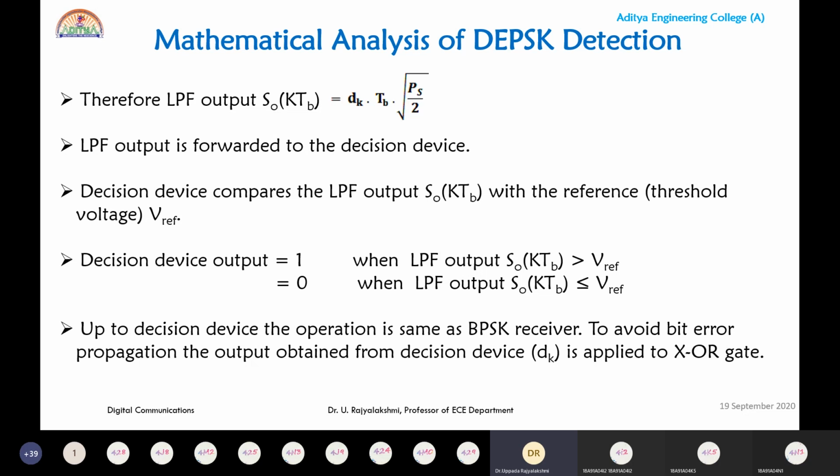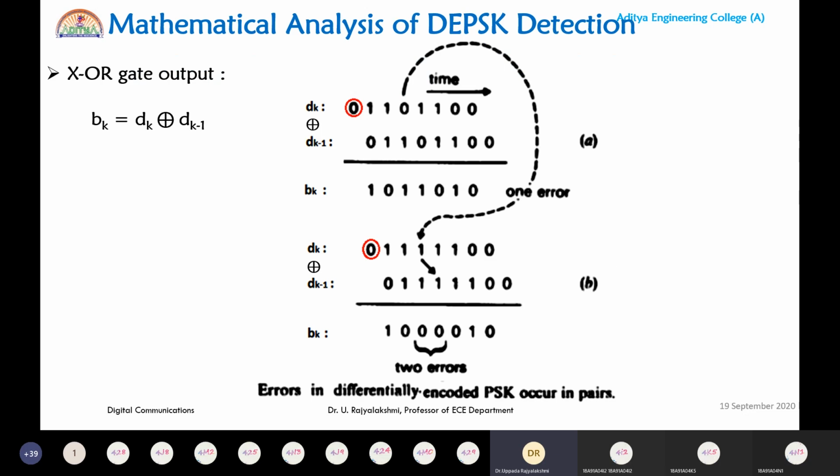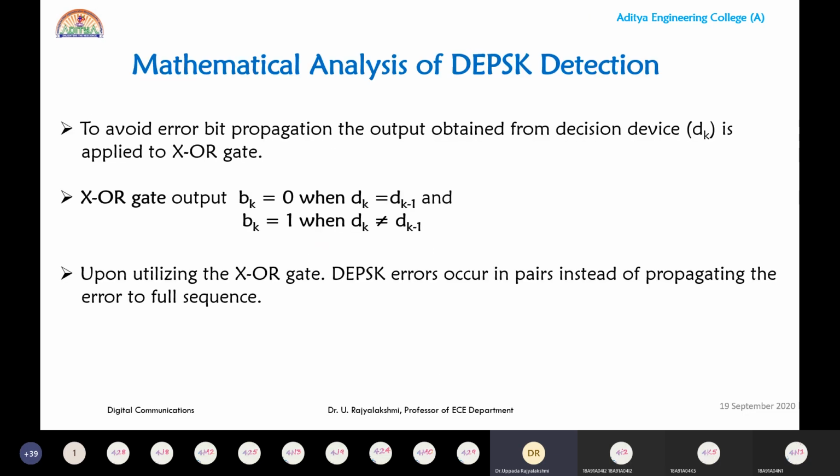Then the signal is forwarded to the XOR gate. What is the received signal? dk is the received signal that is fed to the XOR gate. What is the operation of the XOR gate? To avoid error bit propagation, the output obtained from the decision device is applied to the XOR gate. The XOR gate output is bk.